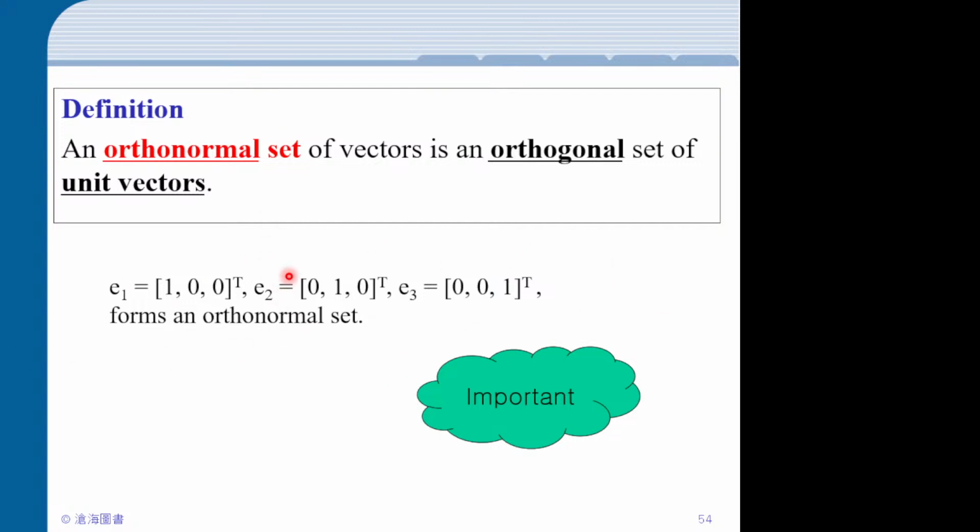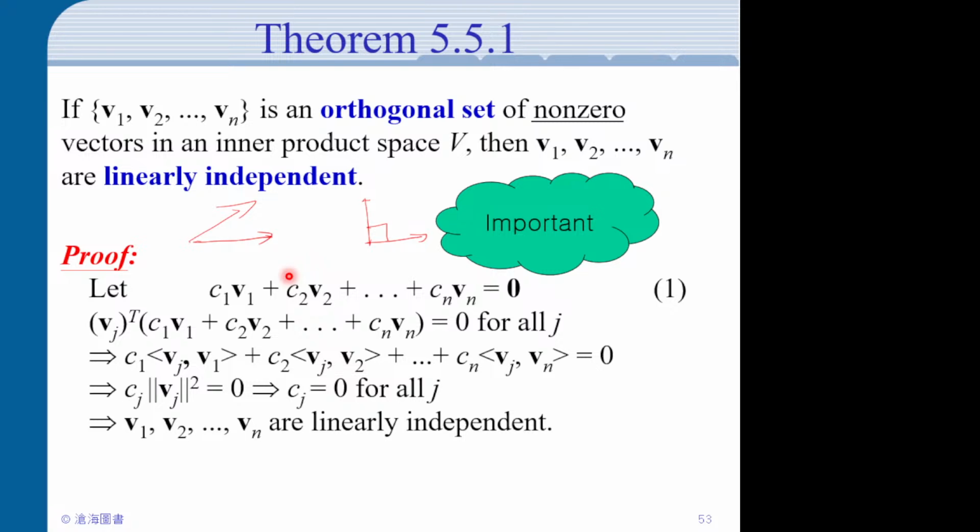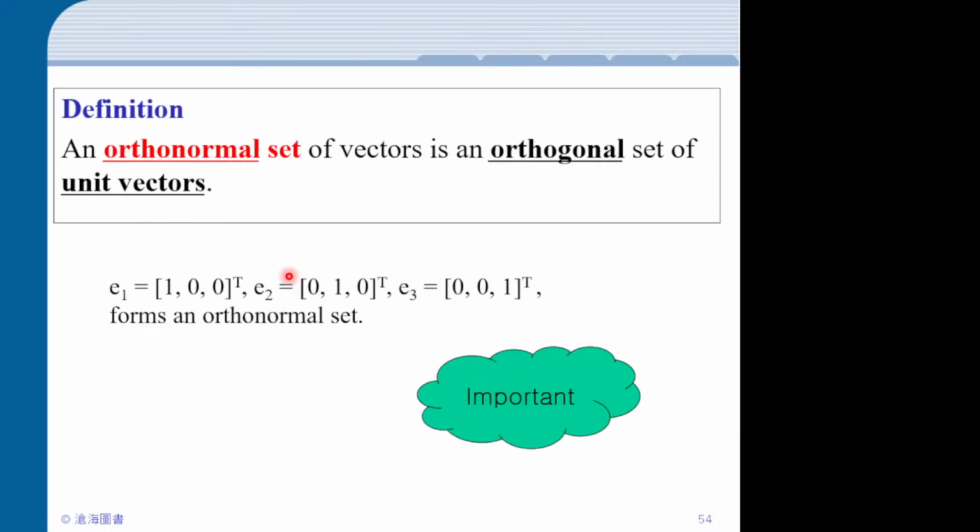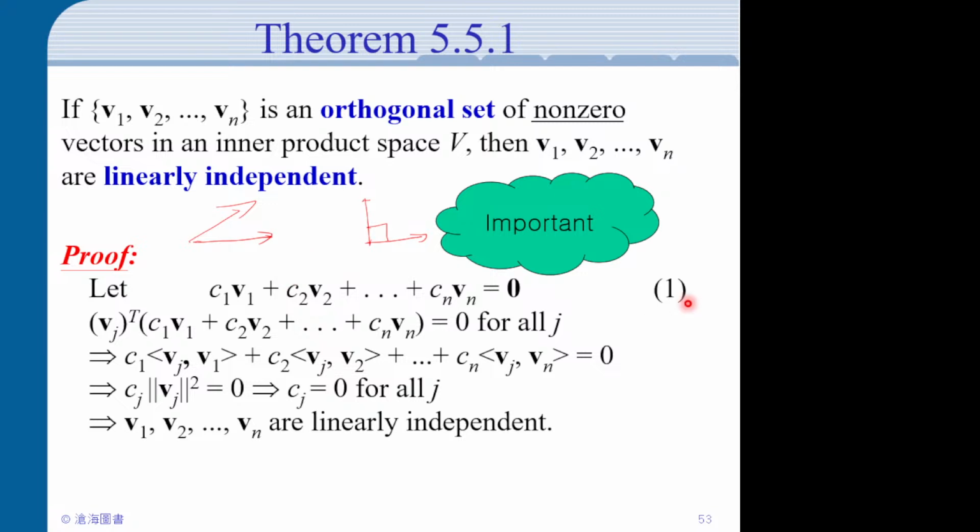You can see that if you have an orthogonal set, it's pretty easy to get an orthonormal set, because you just normalize each vector.